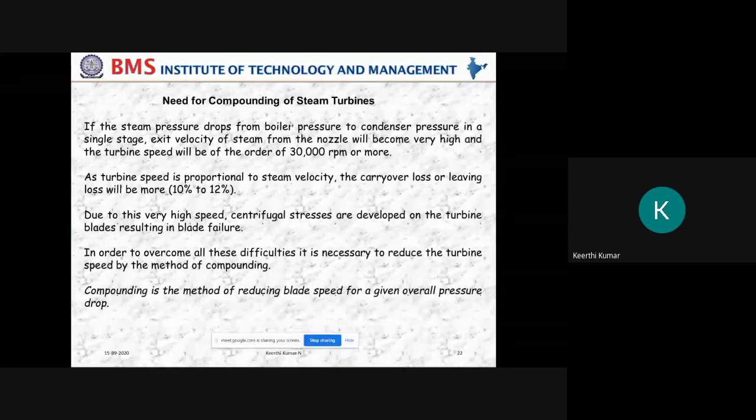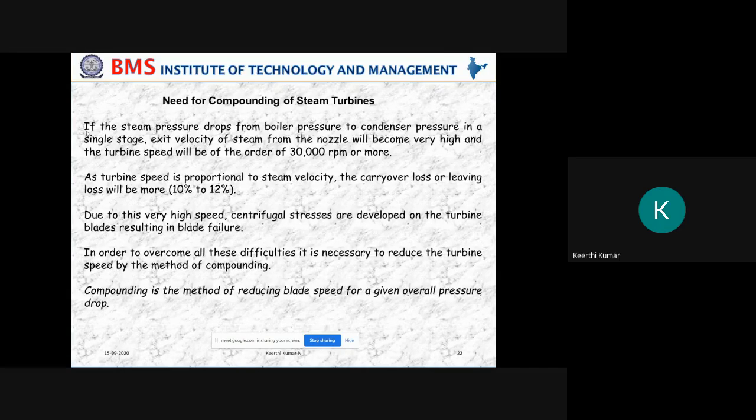Boiler pressure means the pressure we give for the turbine inlet, which is very high. And condenser pressure will be very low, at the exit of the turbine. The difference between these two should be great. Means there should be a greater difference between the boiler pressure and the condenser pressure. Then only the efficiency of the turbine will be more.